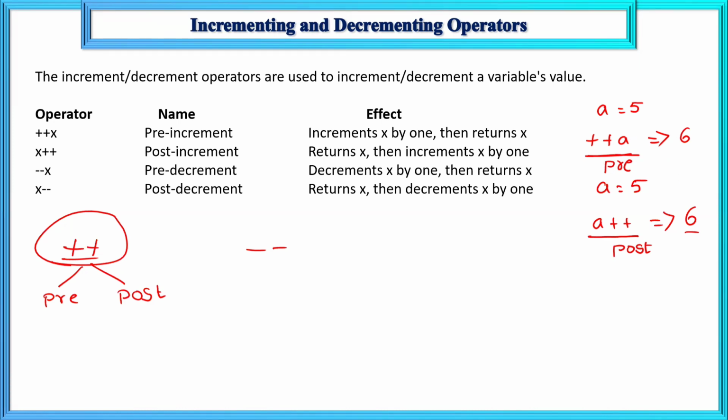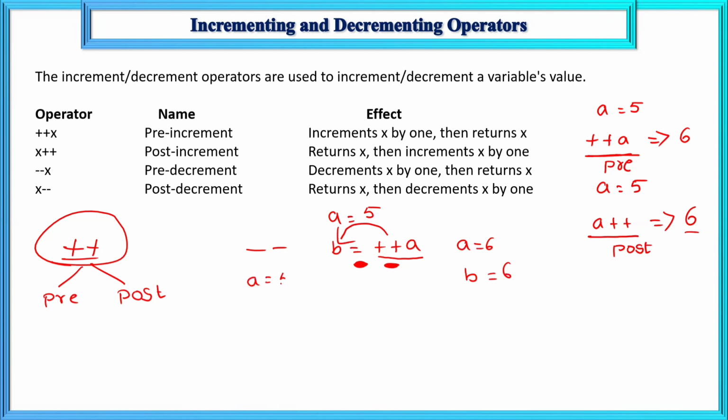If your expression consists of more than one operator, then observe, A is equal to 5, B is equal to plus plus A. Now your expression consists of two operators, one is equal to and one is plus plus. In this situation, pre means first it performs the increment operation. Now A value becomes 6 and then doing the other operation, that is assignment, B also becomes 6.